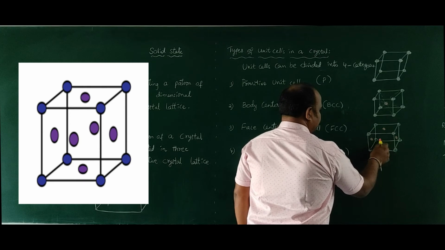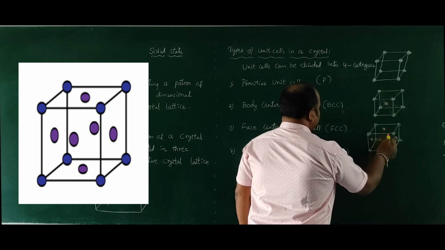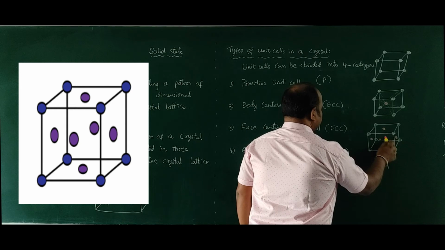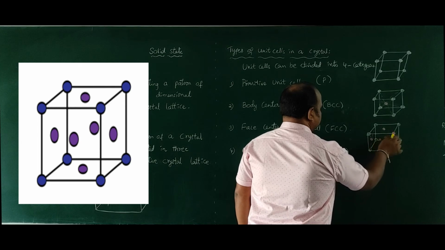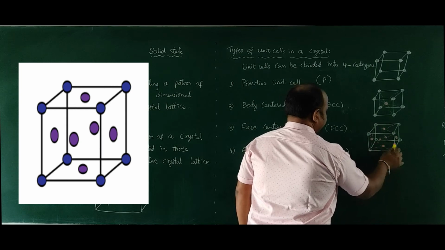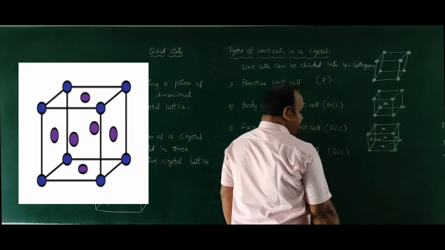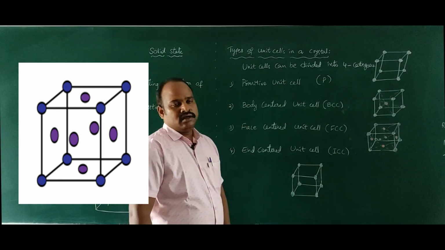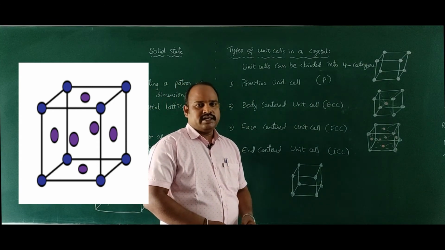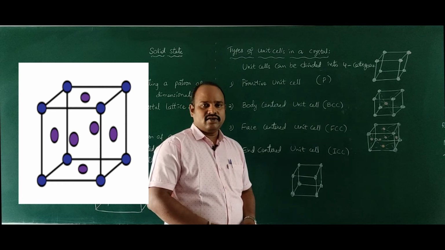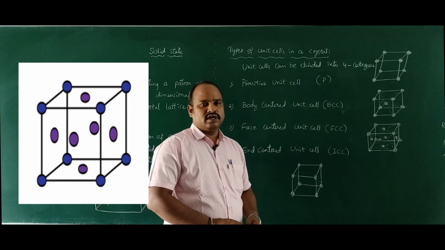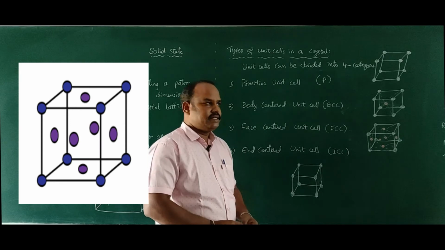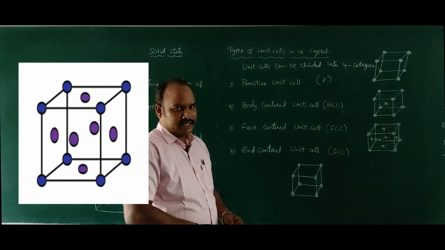The front face contains another particle, and the back face contains another particle. So in this face centered unit cell, constituent particles are present at the 8 corners along with the 6 faces. A total of 14 constituent particles or 14 lattice sites are present in the face centered unit cell.